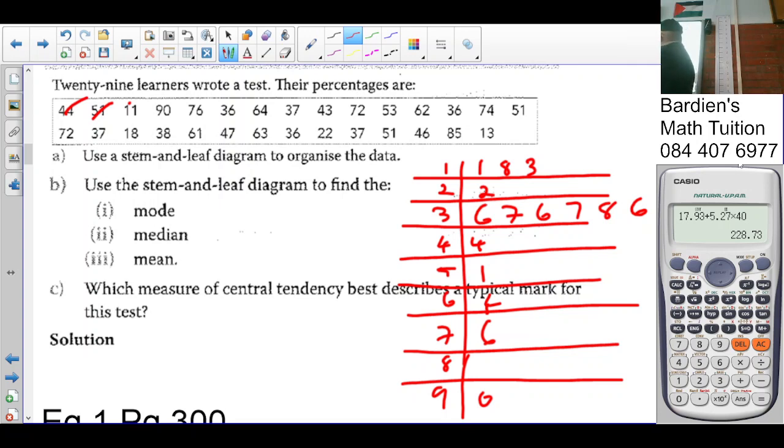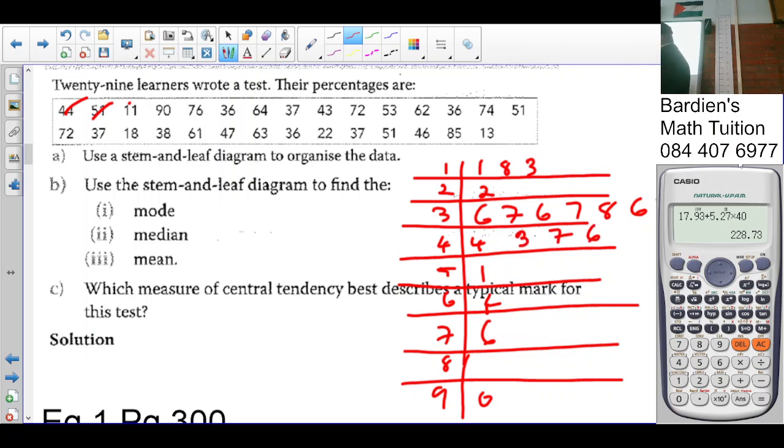6, 7, 6, 7, 8, 6, 3. And 7 is the last number. Not the 3. 33. The 7. Okay. Row 4: 4, 3, 7, 6.